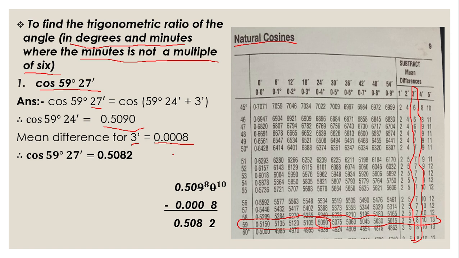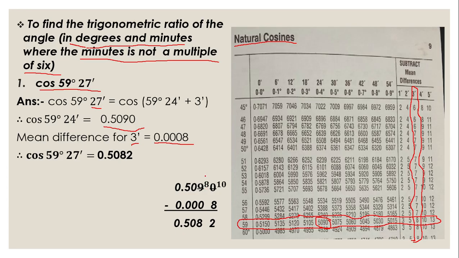So now we have to subtract this mean difference from the cos 59 degree 24 minutes. If we are finding cos of any number, then we have to subtract the mean difference.